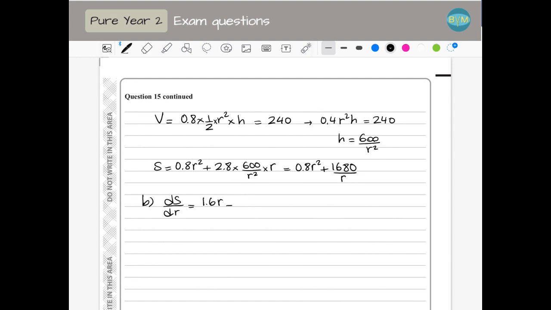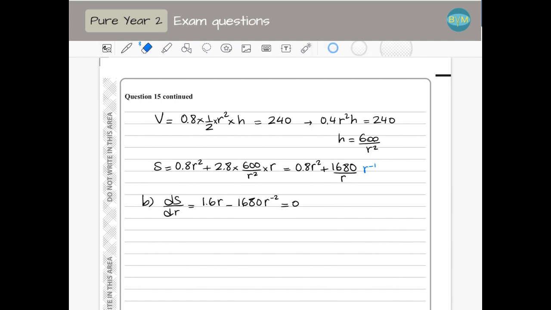And 1680 divided by r is 1680 r to the power of minus 1, so the derivative is going to be minus 1680 r to the power of minus 2. You can write it that way, or with the r in the denominator. And this must be equal to 0.